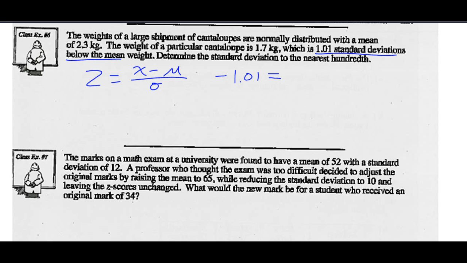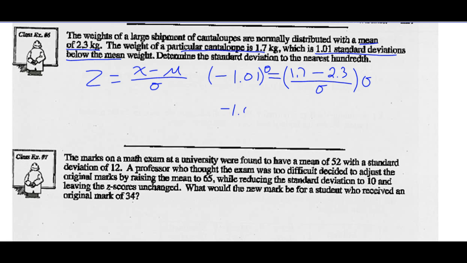We know the weight of the particular cantaloupe is 1.7. The mean is 2.3. Find the standard deviation. So how do I do this? I'll have to get rid of that denominator, the standard deviation. So I multiply both sides by the standard deviation.